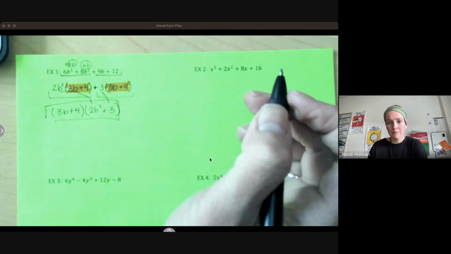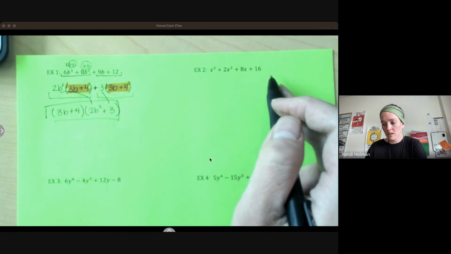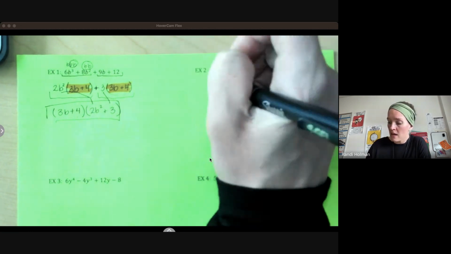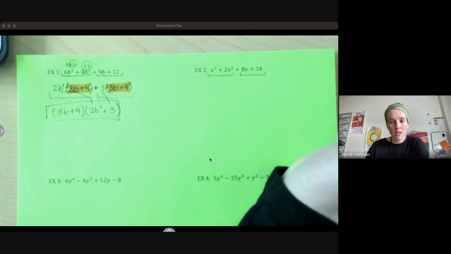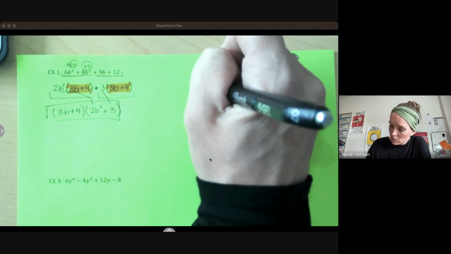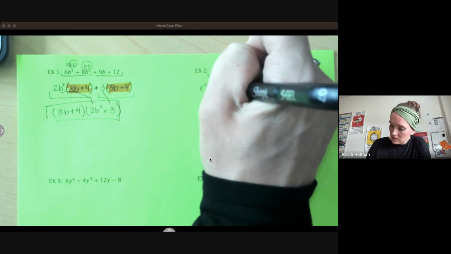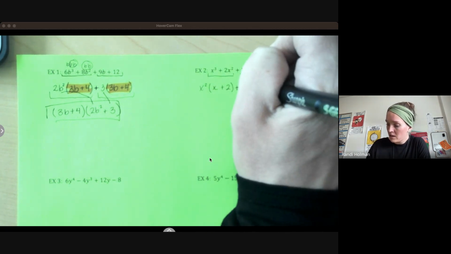Okay, let's try another one. So 4 terms, greatest common factor is still the first thing we're going to start with. Once we've checked that, then we're going to group. So group, and then we're really just doing greatest common factor. So greatest common factor here is x squared, left with x plus 2, plus greatest common factor here is 8.